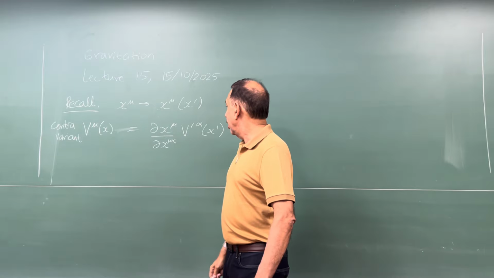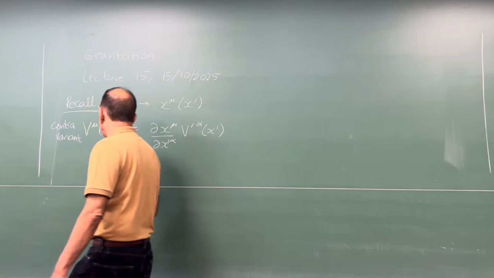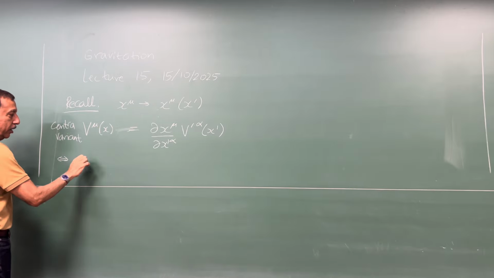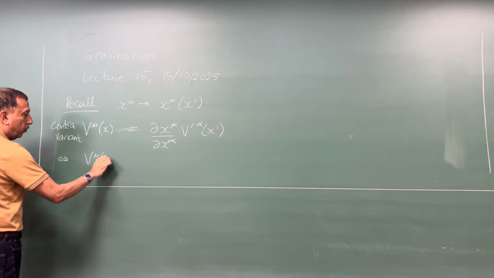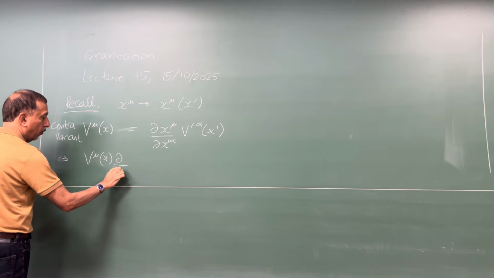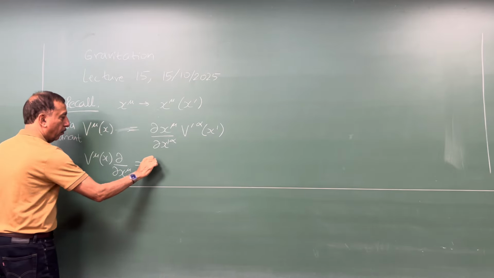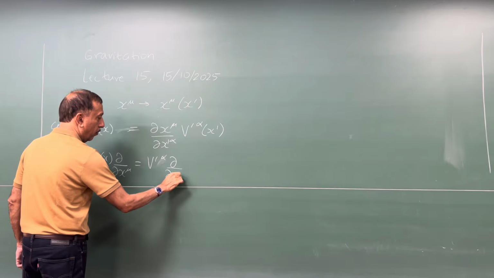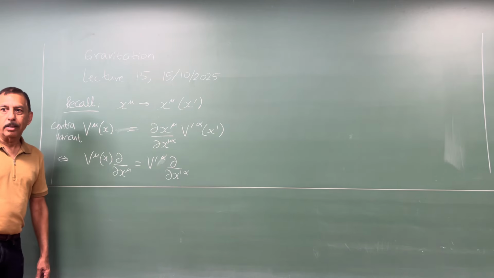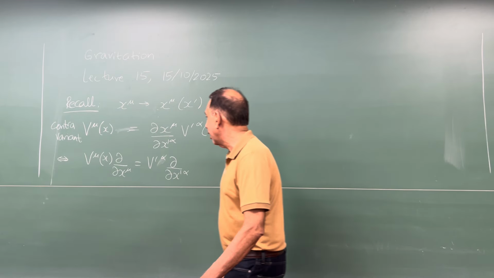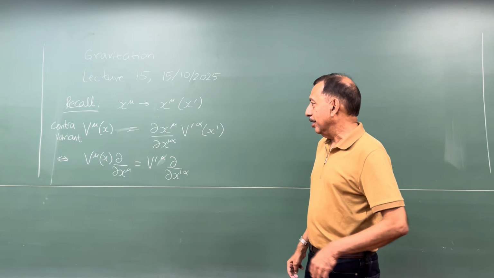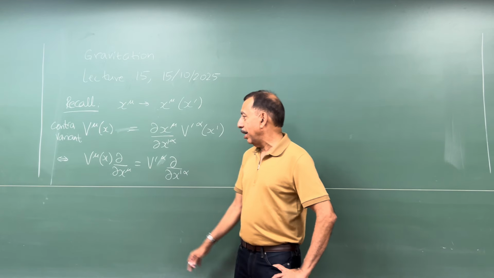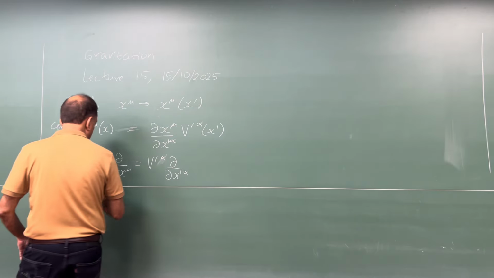In fact, there's a way that mathematicians like to write things. They often write this expression in the following way. In this form, they represent a contravariant vector by something called a vector field.